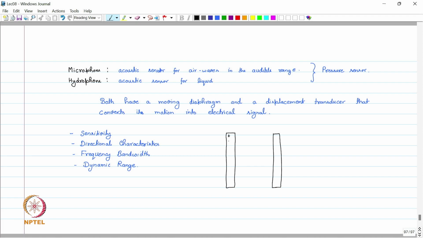One is positively charged when we apply a bias across it, and one is negatively charged. Now the area is A, we have applied a voltage V, and the distance is d between these two plates.